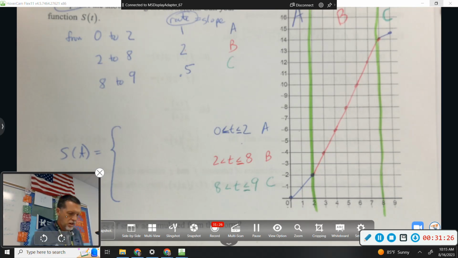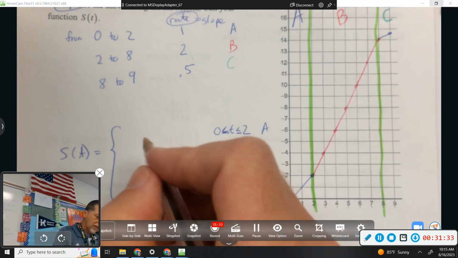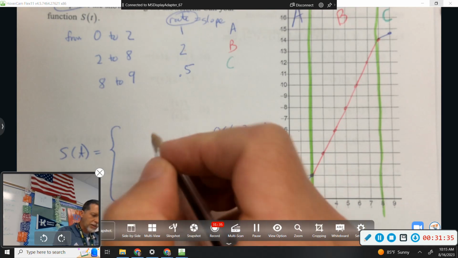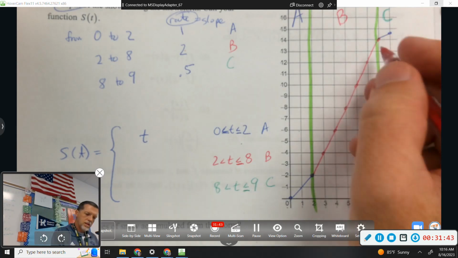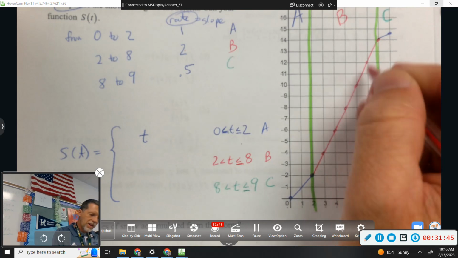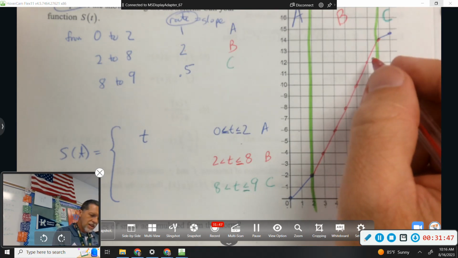Okay, 0 to 2, part A, I need an equation. Well, that looks like an easy equation. That's just y equals x. So, well, we don't have x, we got t. So, t. For part B, my slope is 2.